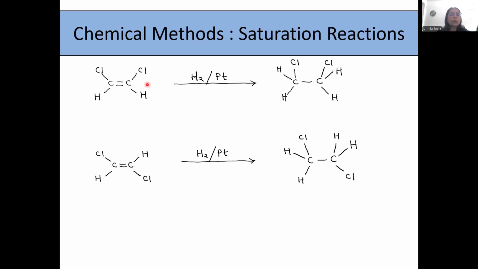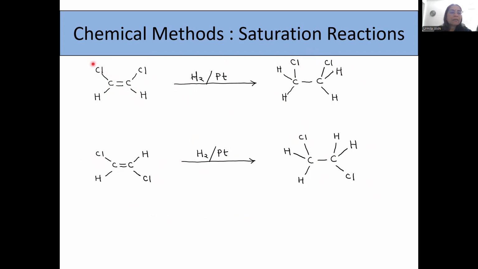Now, just see saturation reactions. This is cis 1,2-dichloroethene. When it is hydrogenated, 1,2-dichloroethane is formed. Hydrogenation of trans 1,2-dichloroethene also gives 1,2-dichloroethane.